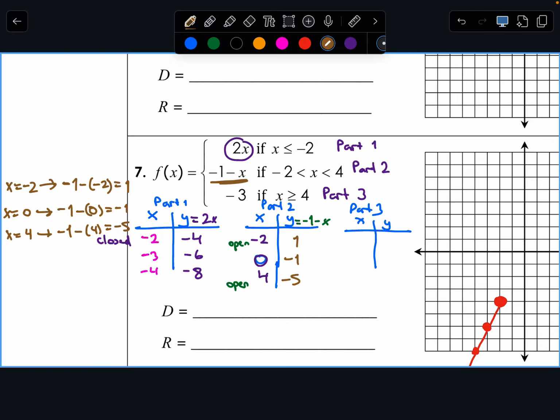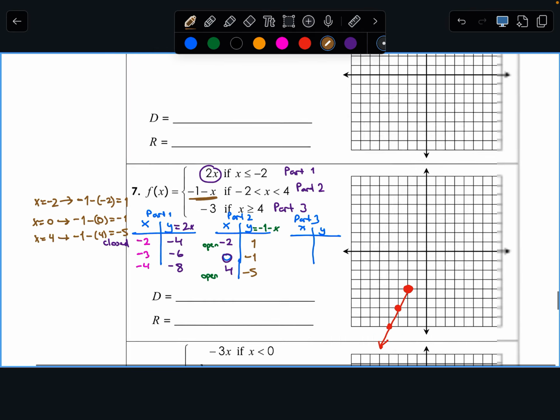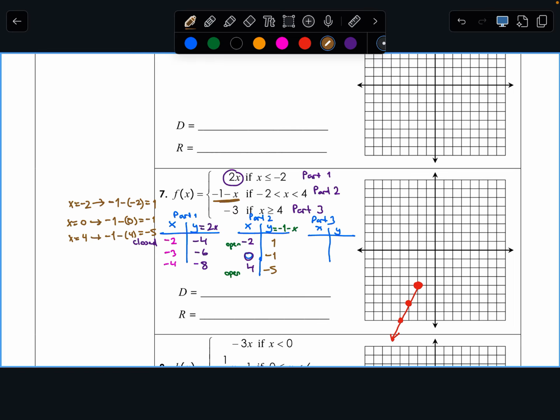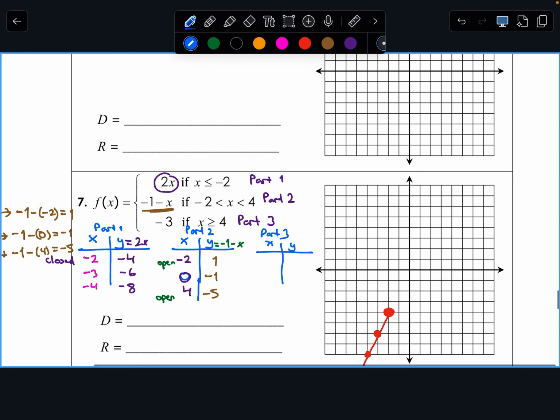So now we're going to come back to the graph and plot the points. So first we have -2, 1. So I'm going to go to -2, 1, and I got to be sure it's a what kind of circle? It's open. That's what we said, right? So we're going to put an open circle at -2, 1.